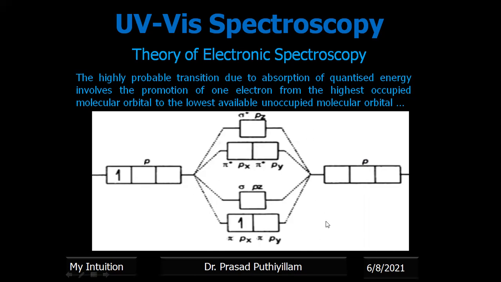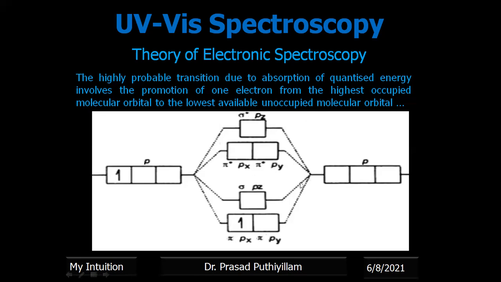Here I didn't represent all the molecular orbitals, just to understand this concept that the electron jumps from the highest occupied molecular orbital to the lowest available unoccupied molecular orbital, that only I represented. Even for some atoms when they combine to form molecular orbitals, sigma pz comes first, then pi px as well as pi py having higher energy. In some cases pi px and pi py have lower energy, and sigma pz has higher energy. So don't get confused with that.